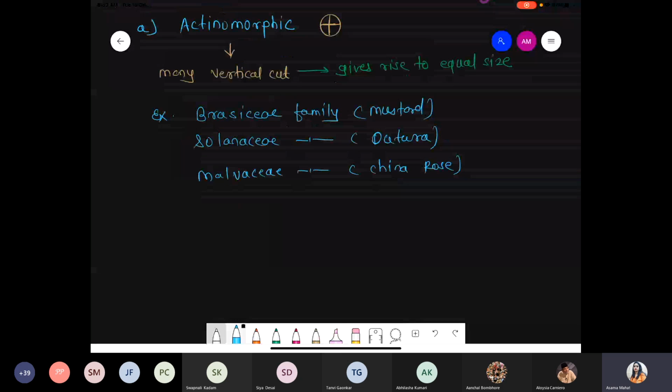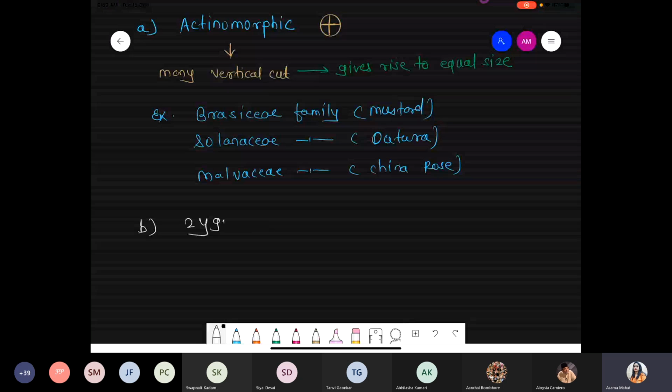Number second, zygomorphic. Symbol for the zygomorphic, that is simply we are using percentage. बस इतना use करना है. So what is the meaning of that? There is one vertical cut, only one, because हमें एक ही line दिखाई दे रही है.